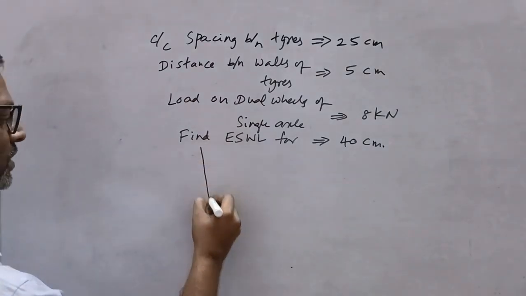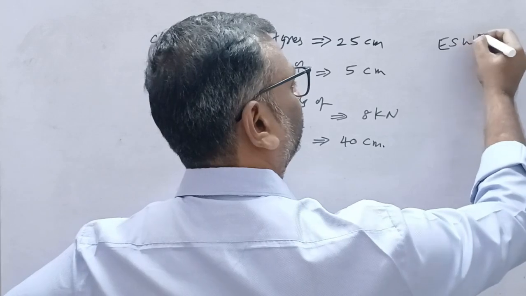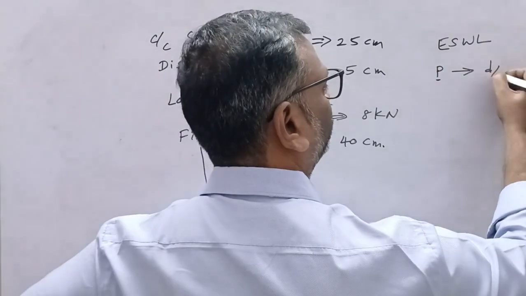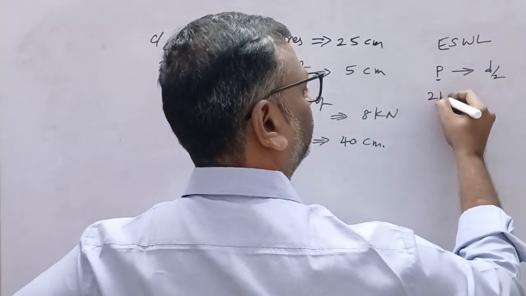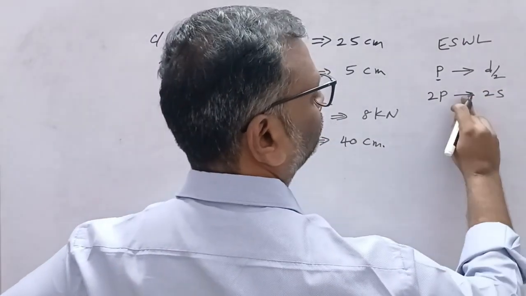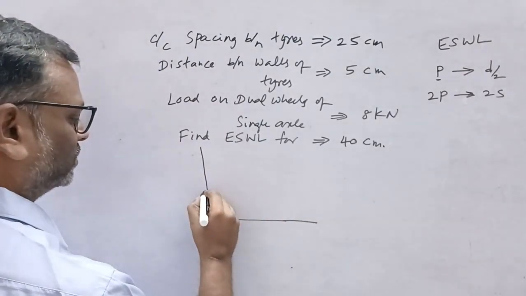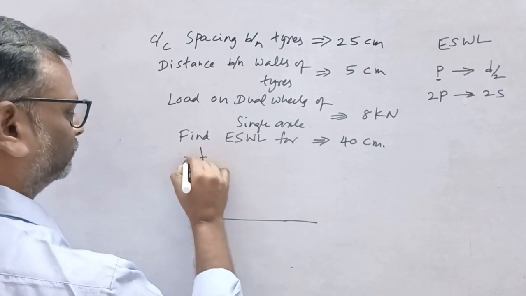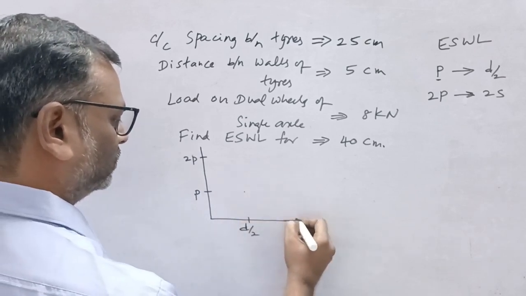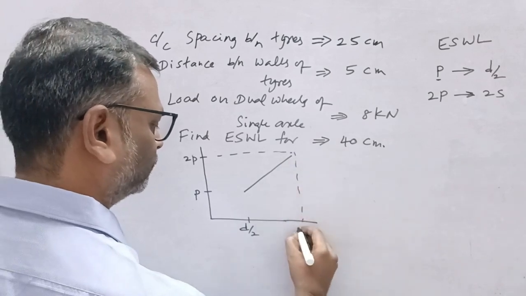So we know in a log scale for the ESWL concept, equivalent single load concept, P is at depth D by 2, and 2P is at depth 2S. On a log scale, suppose this is P, 2P, so D by 2 and here 2S.